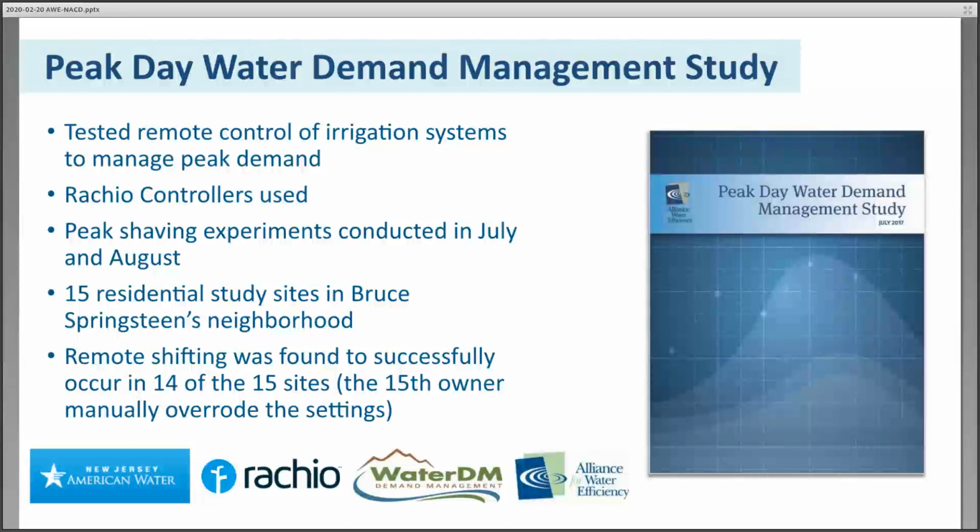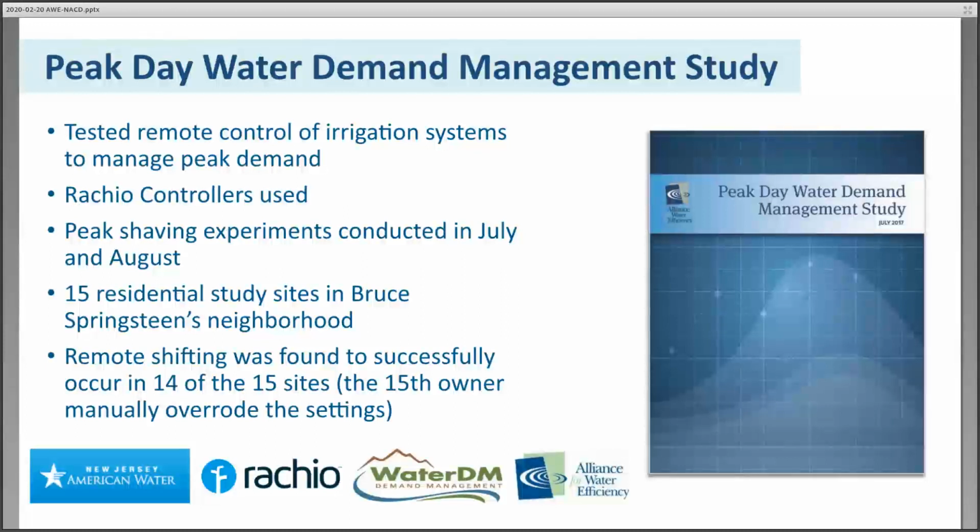A fun fact about this study is that it took place in Bruce Springsteen's neighborhood in New Jersey, and it included 15 sites. So this was kind of an experiment, but it was successful. In 14 of the 15 households that participated, this peak shaving experiment worked, where the water utility was able to override the system and turn off their irrigation system to lower that peak and shift it.